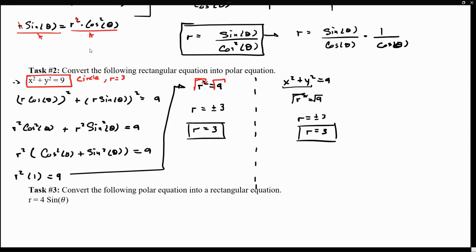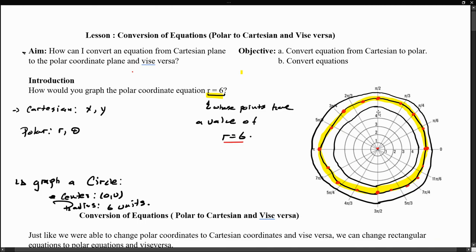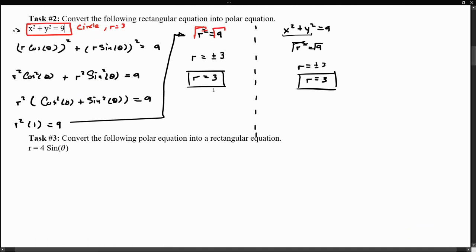This is just a set of points that are 3 units away from the origin. Just like we did on the introduction question, where r equals 6 was just a circle with the radius of 6. In our example, we have r equals 3, which is a circle whose radius is 3, which fits the equation that we were given originally.